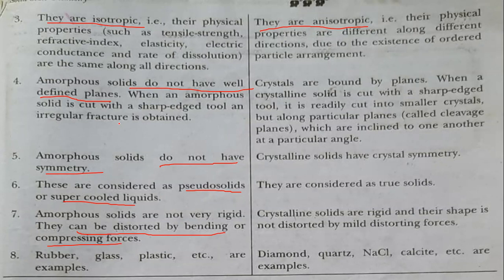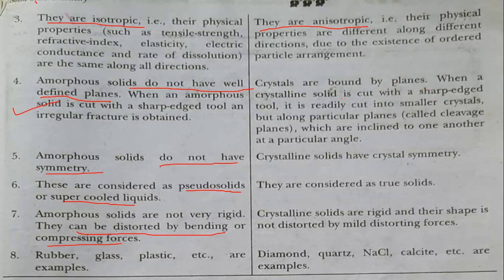Amorphous solids do not have well-defined planes. When an amorphous solid is cut with a sharp edge tool, an irregular fracture is often seen. Crystals are bound by planes.